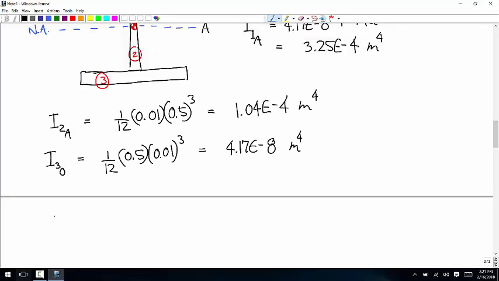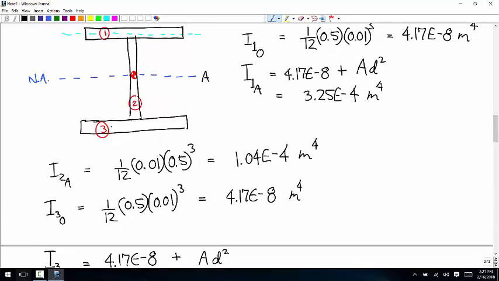And then the parallel axis theorem part, the area moment of inertia about A, the overall neutral axis, is 4.17 times 10 to the minus 8 plus the area times the distance squared. The area of the bottom one is the same as the area of the top one.